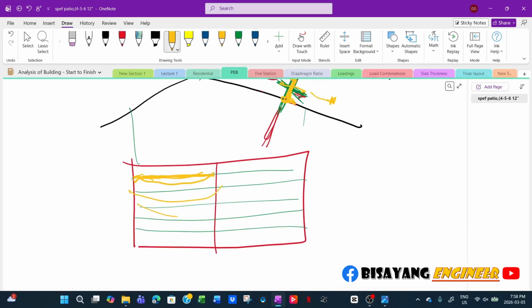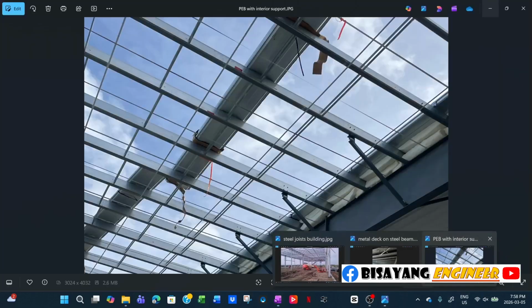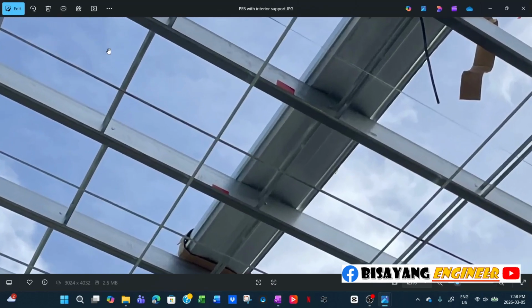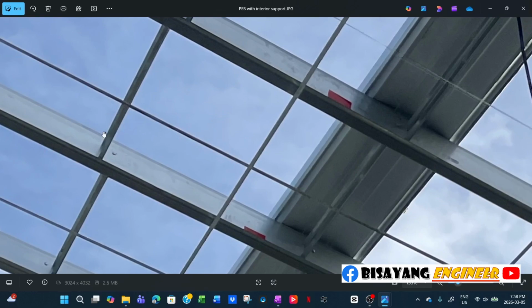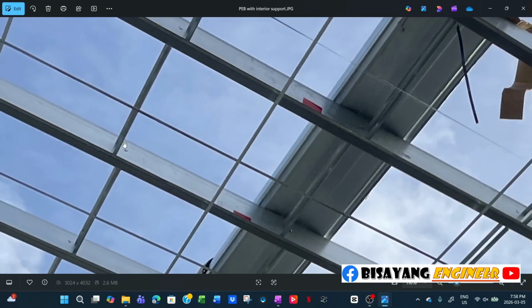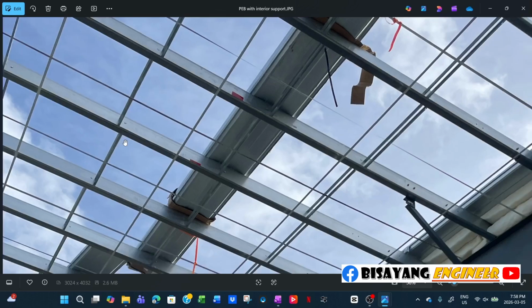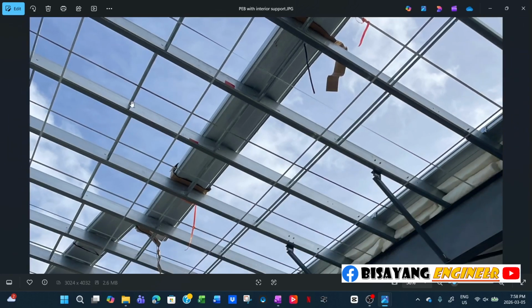So to prevent sagging of the purlins in this direction, most of the time you will add bracing or sag rods. We call it sag rod bracing. That's what you see in this picture. Different manufacturers have different styles of doing this.